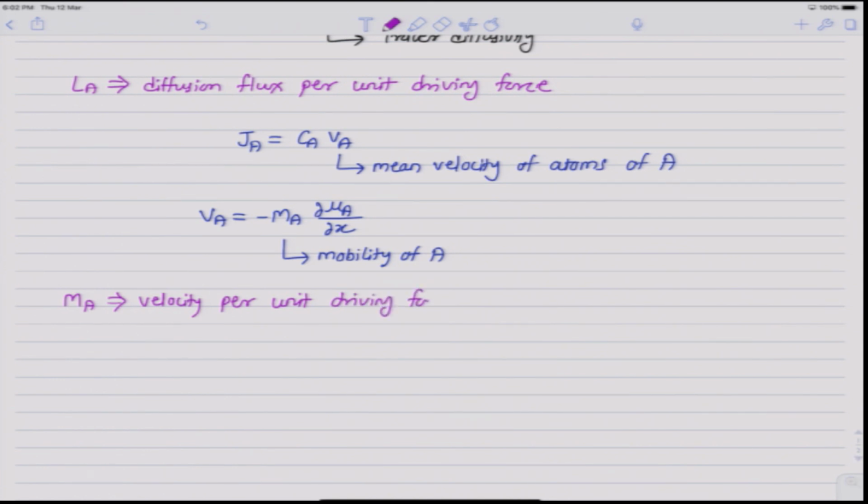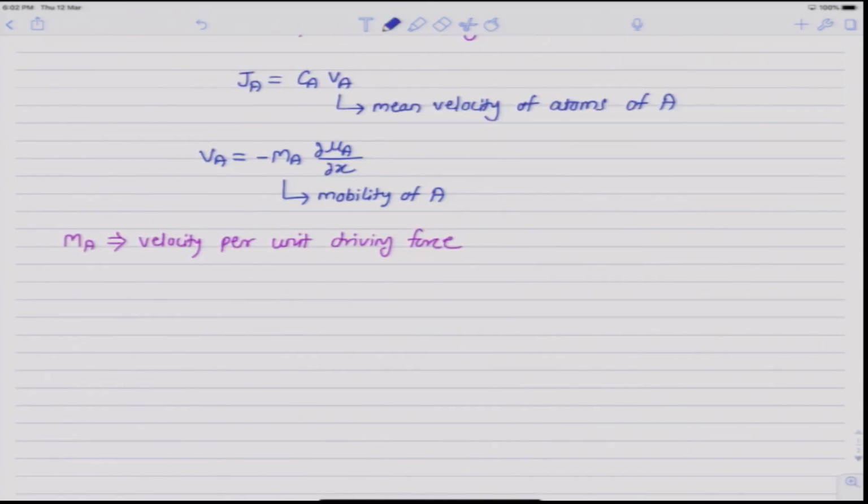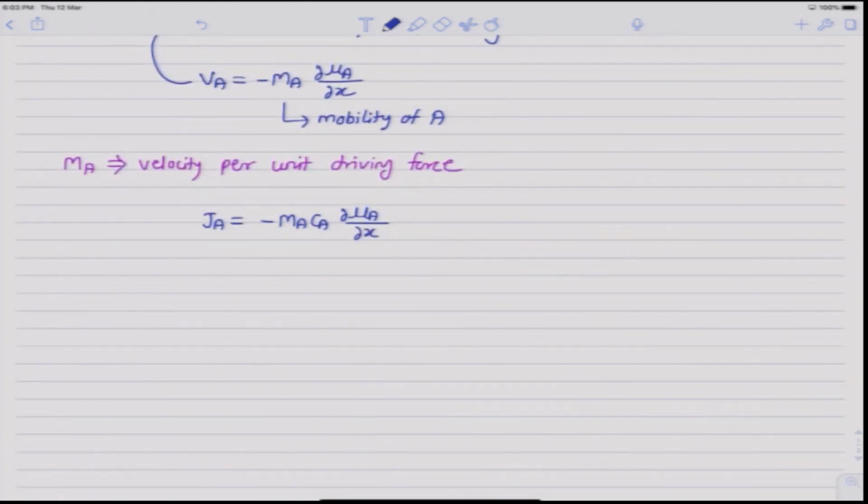So, if we substitute back for Va in the equation for Ja, we get Ja is equal to minus ma Ca dou mu a by dou x, but this is simply minus La dou mu a by dou x, and so La is simply ma times Ca.